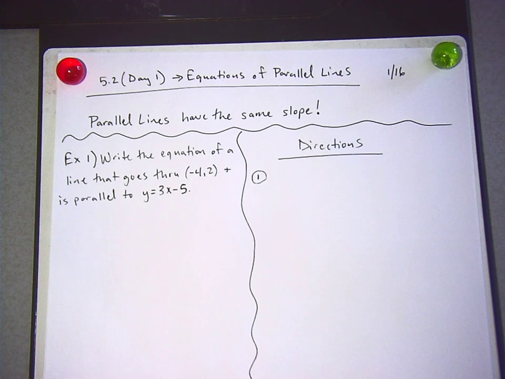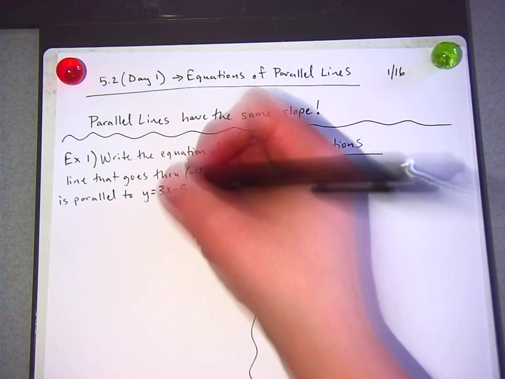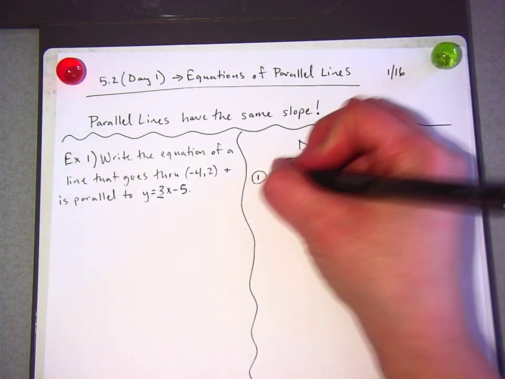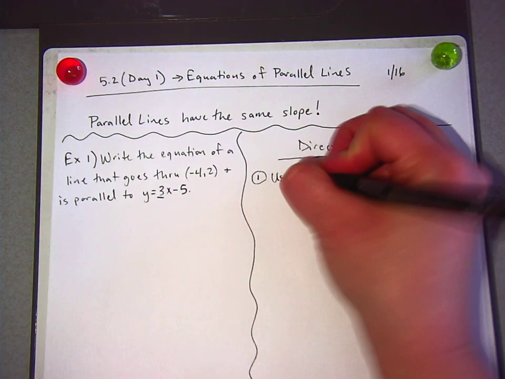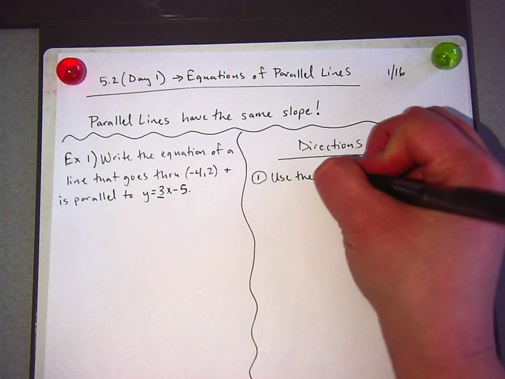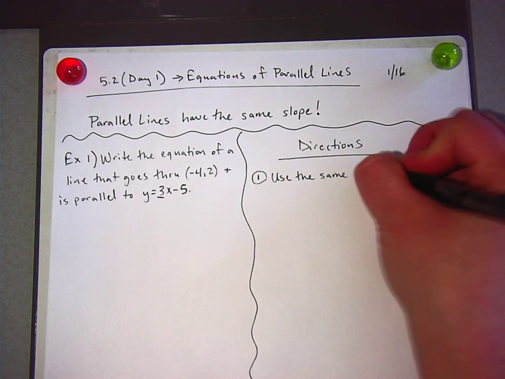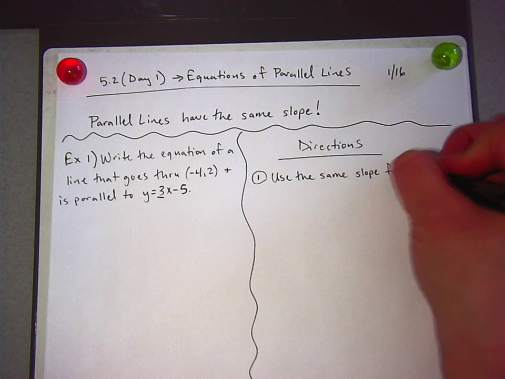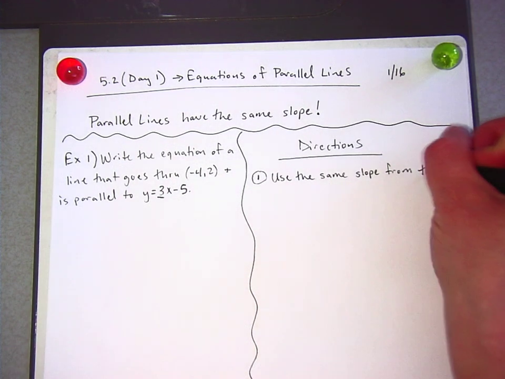What do you mean? Do it backwards, I guess, unsolve it. Oh, I see, when it's the 3 and the x, that would be the slope. Yes, the 3 is already the slope. You're exactly right. I'm going to write that down: use the same slope from the parallel line.